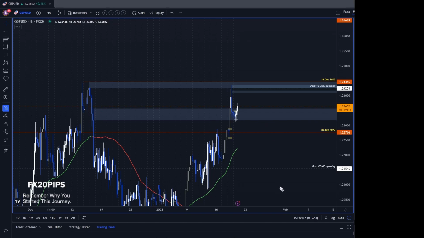And if you remember what I said in February, on the 1st of February there will be another FOMC. The consensus of the majority is that it's going to go for 0.25%.